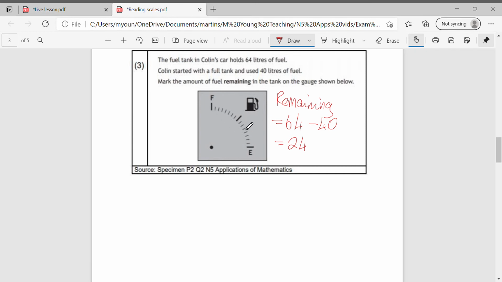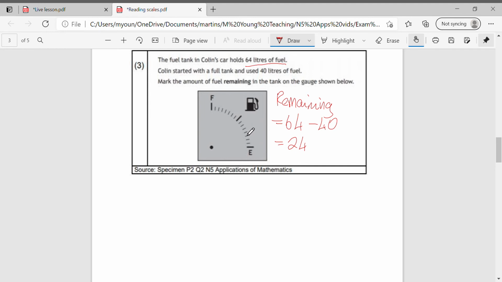Well, what you know is, all the way up to the top in full, that's 64 litres. So what we can try and do is work out what each increment's worth. So we've got 1, 2, 3, 4, 5, 6, 7, 8, 9, 10, 11, 12, 13, 14, 15 and 16 in total. Alright, so I could also say that up to here would be 32, half of 64.